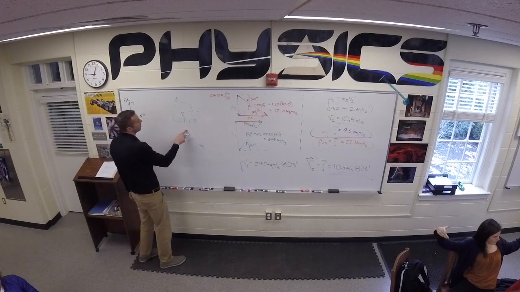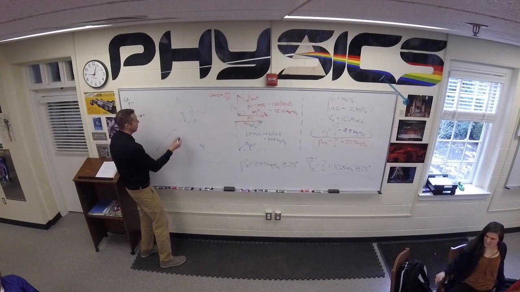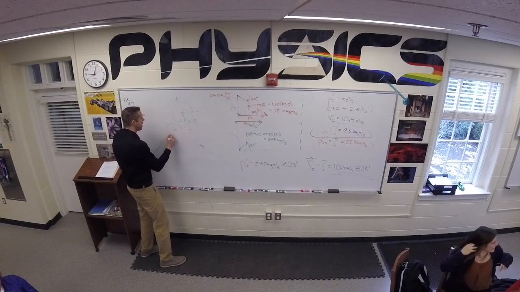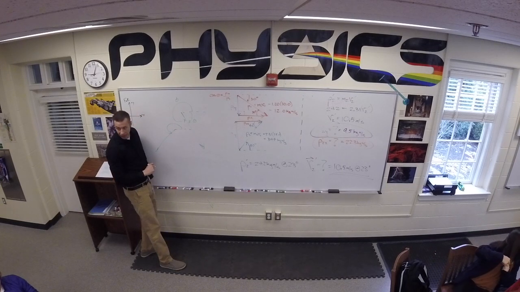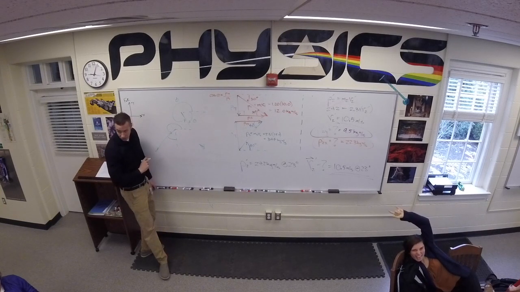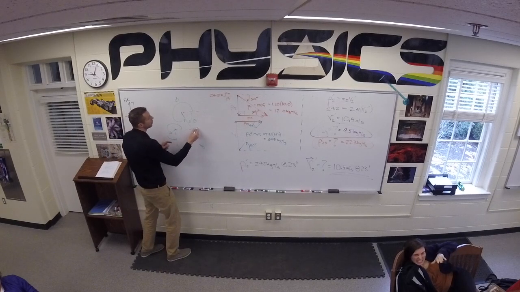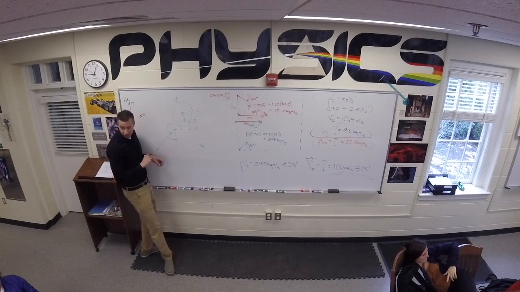Well, if it's pointed this way, then phi is that. But if it's pointed this way, then phi is only from here to there. Right? But theta is the angle inside of the triangle. But phi is always measured from 0 degrees around counterclockwise.